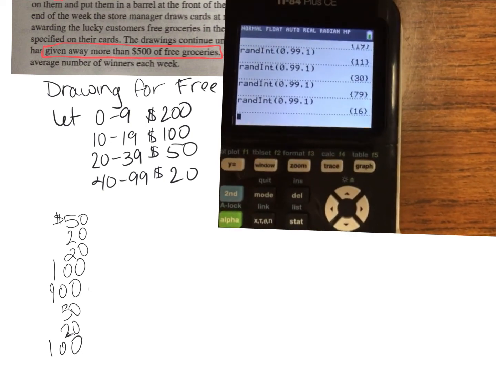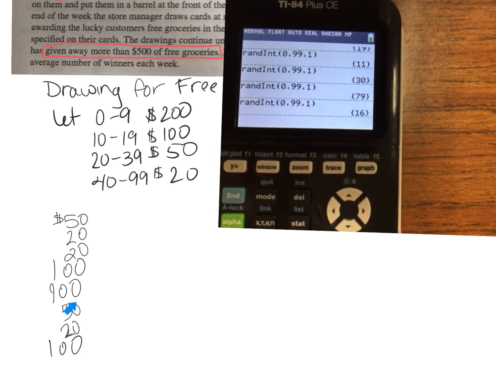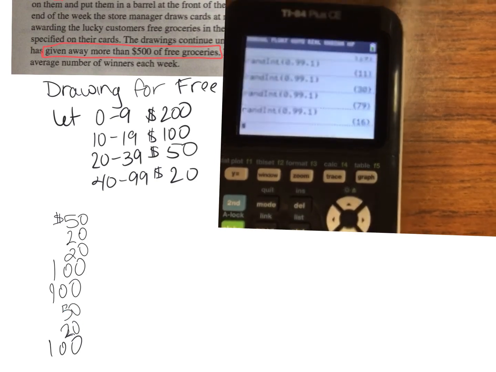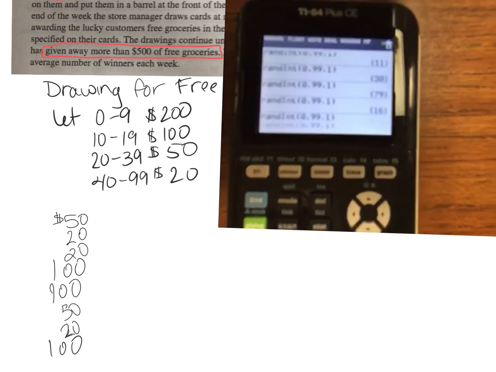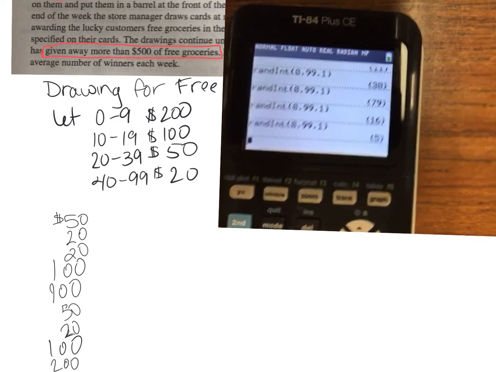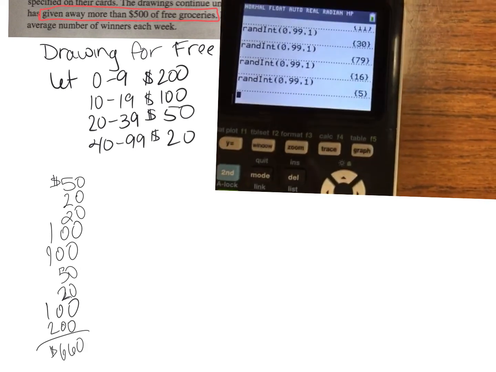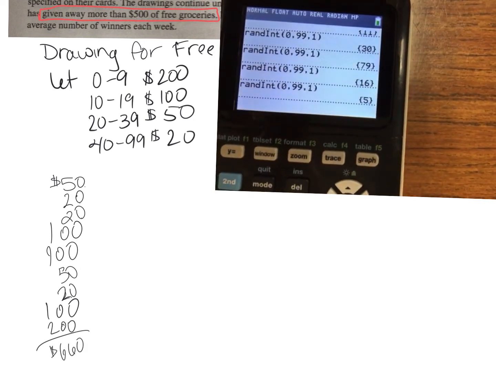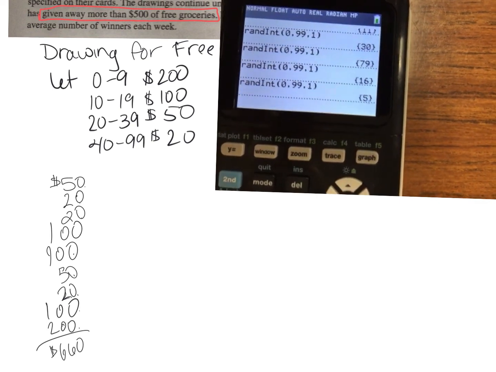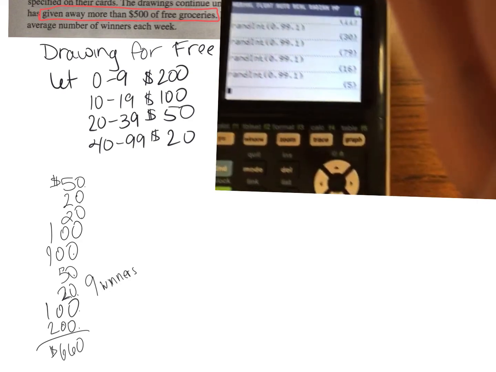So far I have 100, 200, 300, 400 with the 50s, and 320s. That gives me 460. So I got to keep going. 5 is 200. Now we're at a total of 660, so my trial is over. I have 1, 2, 3, 4, 5, 6, 7, 8, 9 winners. And then we start our next trial.